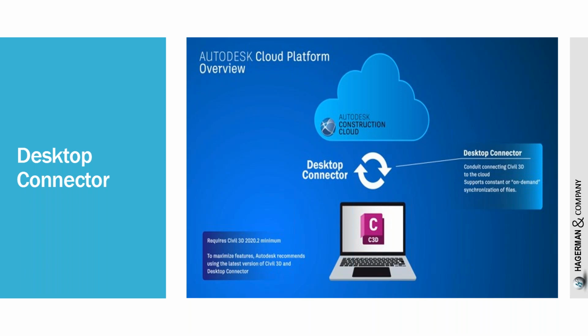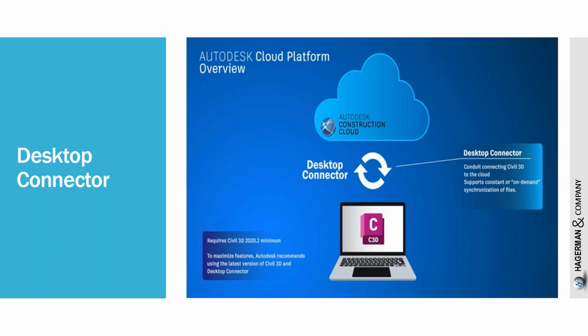So when you download your Desktop Connector to your machine, it is a local install, okay? Think of it as adding an additional drive directly onto your machine. This is the drive that we'll be using to open and save files, store files, etc. These will work similar to Windows File Explorer, okay?